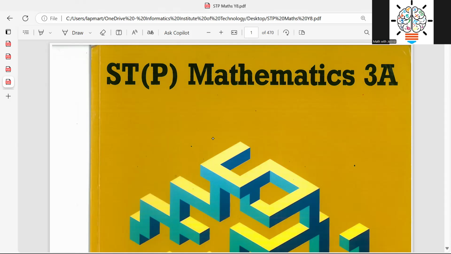So what we are doing here. And the other thing I want to say, not like the grade 6 and 7 students, you are in grade 8 now. So you are using the STP Mathematics 3A book. That means you have used the STP Mathematics 1A and 2A, and this is the third time you are using the STP Mathematics book series. And you want to understand this is your last year that you are going to spend in the middle school.